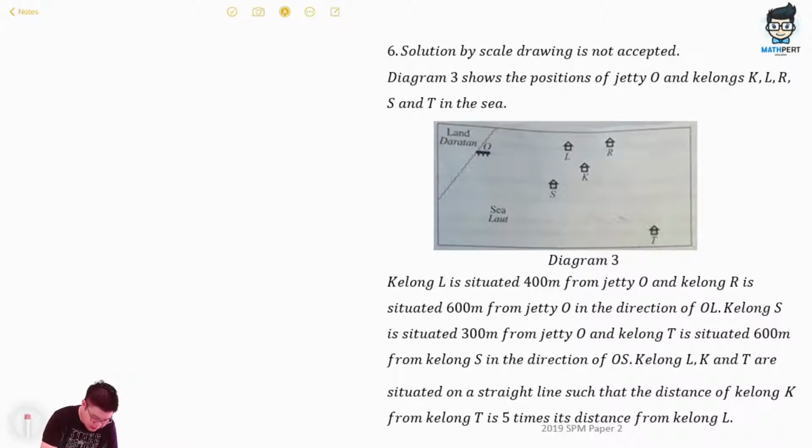Right, start from O, jetty O. So there will be L, and this will be R, and then S, T, and then K.